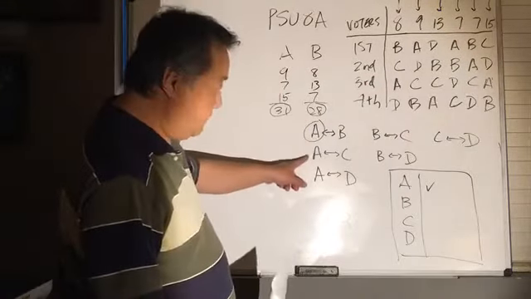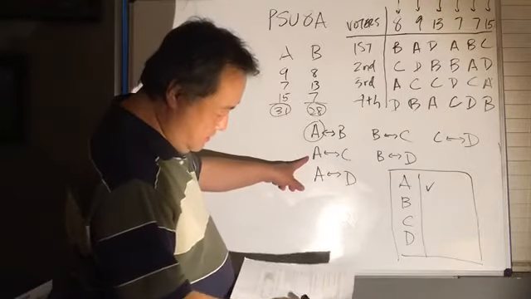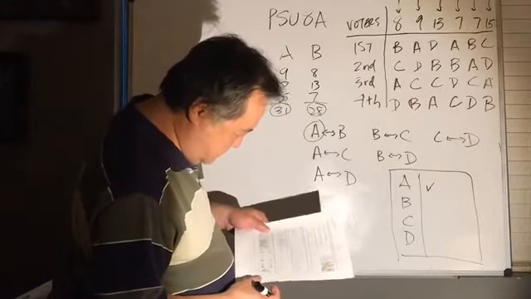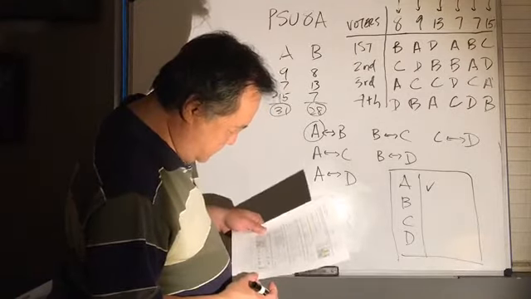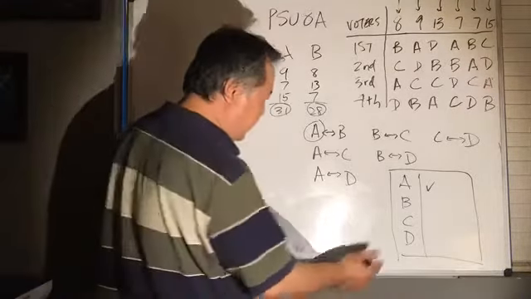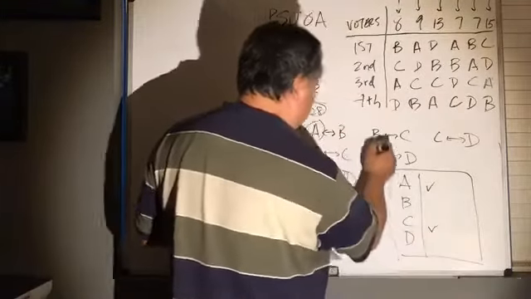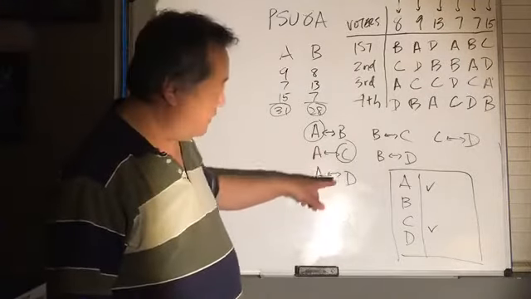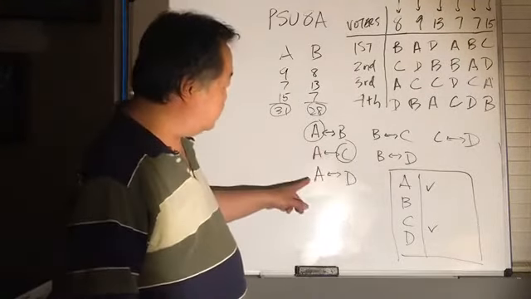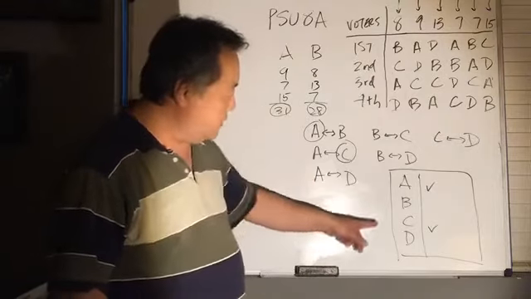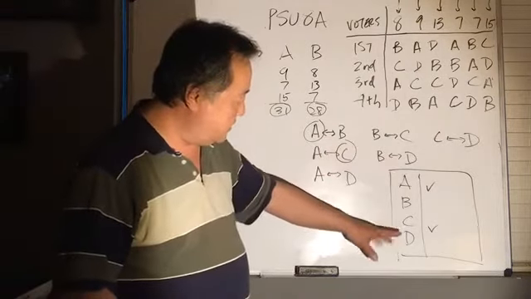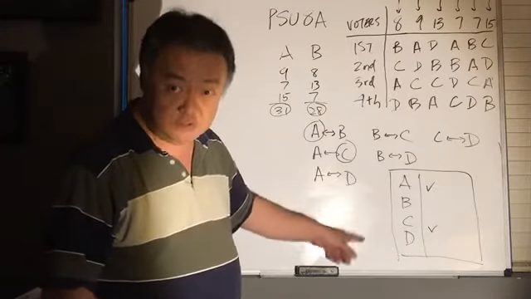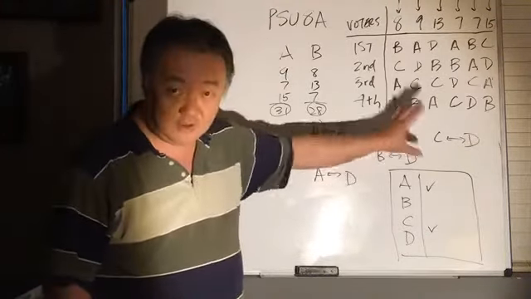Alright, A versus C, and let's see, I think C wins. Alright, so C wins the contest. So what you're going to do is do it for each pair, and see which one, A, B, C, or D, has the most winners on these head-to-head contests.